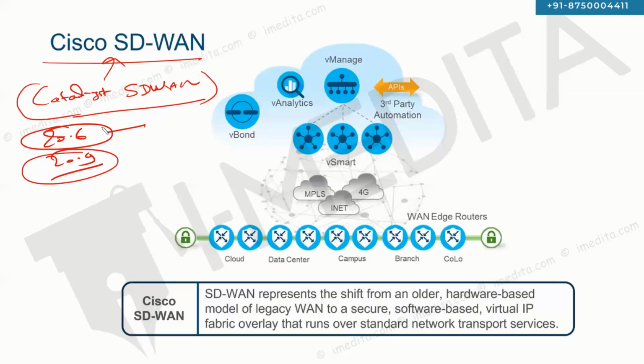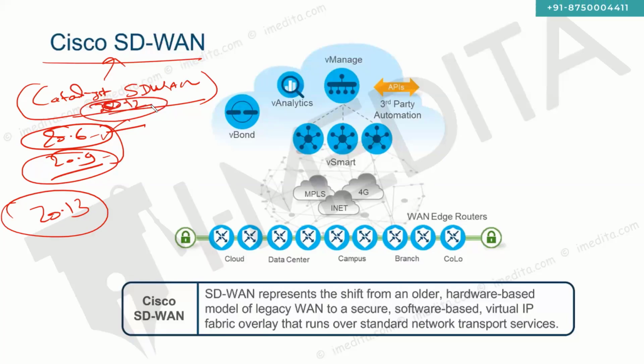As per Cisco, the recommended versions are 20.6 and 20.9. We are using 20.6, but they have launched 20.13. The Catalyst SD-WAN started with 20.12, and I believe Cisco had a lot of issues with that, and that's the reason Cisco quickly launched 20.13; I believe last month they launched 20.12, and this month they have launched 20.13.